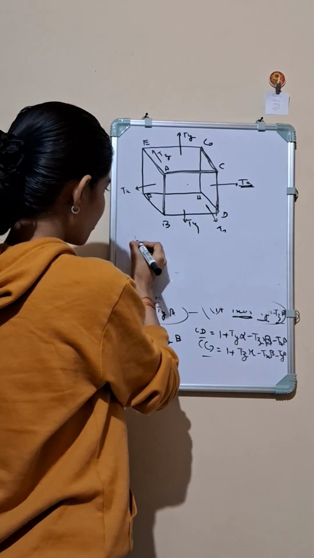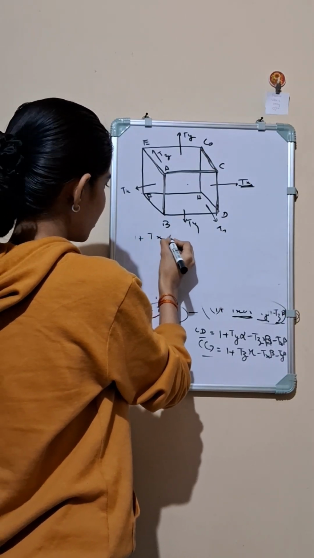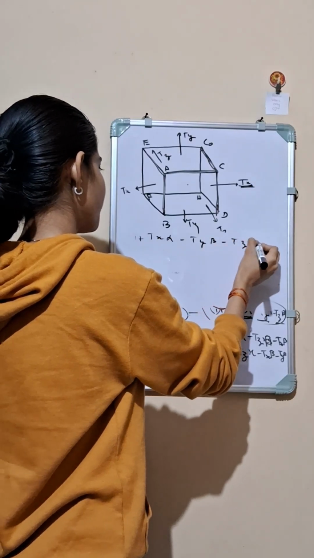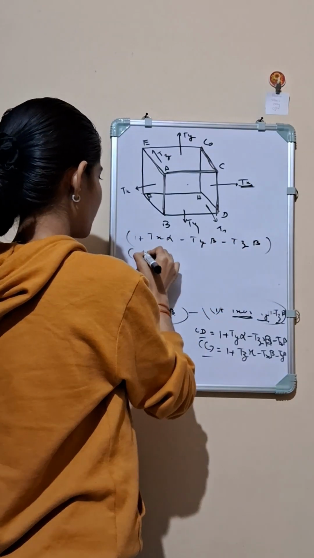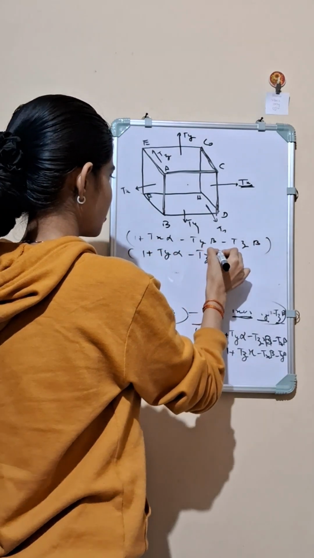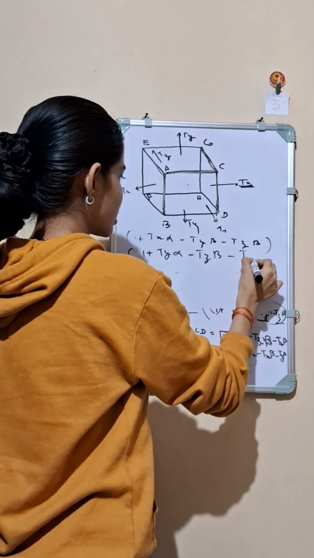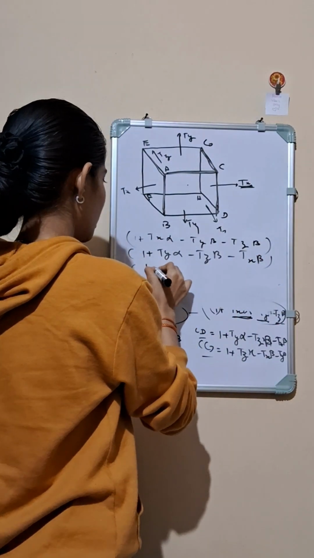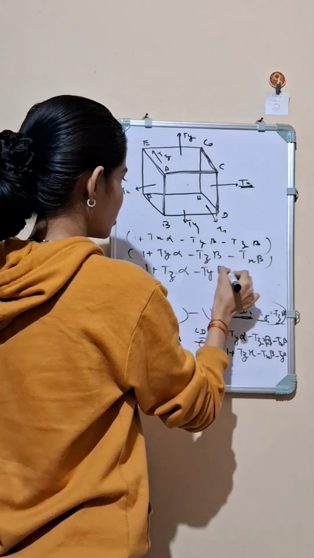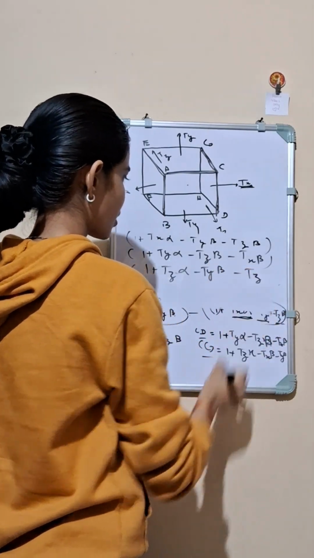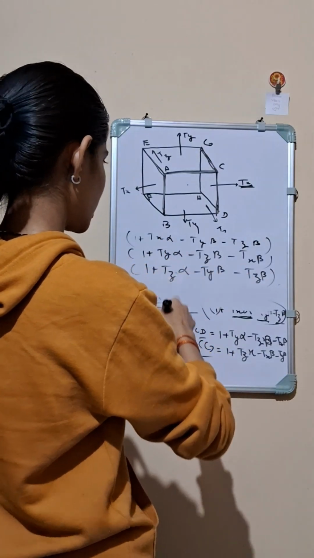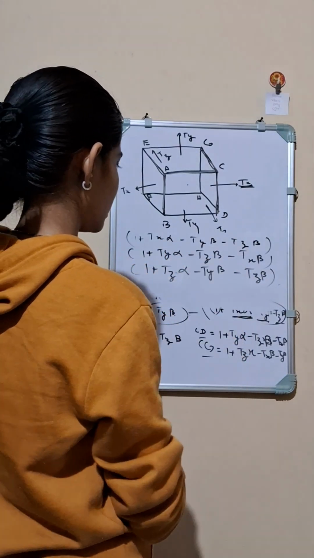This will be 1 plus Tx alpha minus Ty beta minus Tz beta, into 1 plus Ty alpha minus Tz beta minus Tx beta, into 1 plus Tz alpha minus Tx beta minus Ty beta.